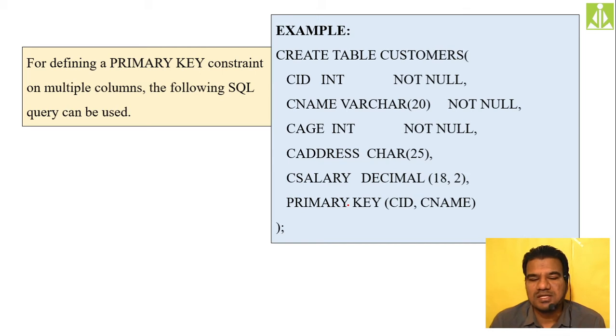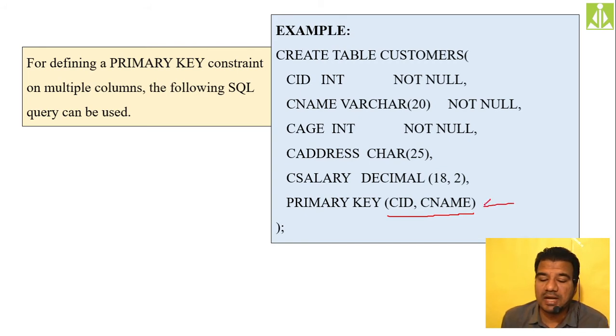A composite key is nothing but simply applying the primary key on multiple columns. See, over here I applied my primary key on two columns, that is CID and CNAME. Two columns I have imposed the primary key. As per my commitment, we'll discuss it in future.